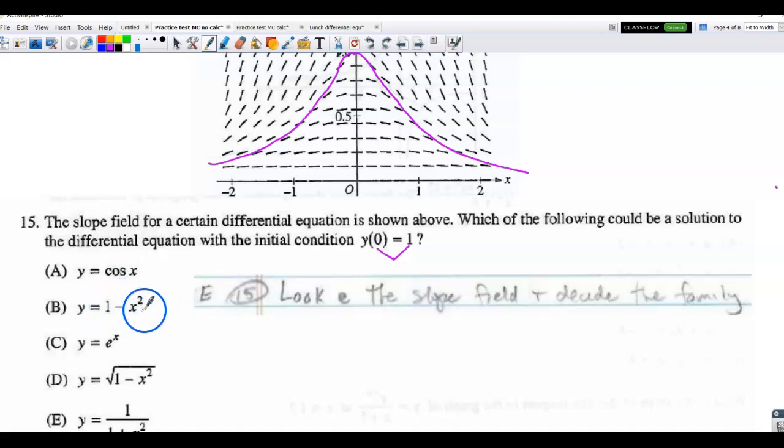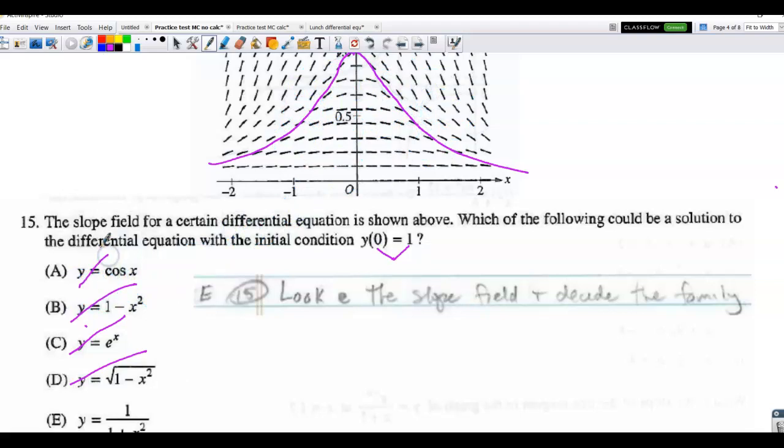So I clearly know that I'm not looking at a family of parabolas because of the way that the curve levels off and approaches a horizontal asymptote. So I'm not seeing a family of parabolas, I'm not seeing a family of exponentials, and I'm not seeing a family of semicircles. I'm also not seeing a family of cosines because if this were going to turn back up, there's definitely no symmetry going on in here.